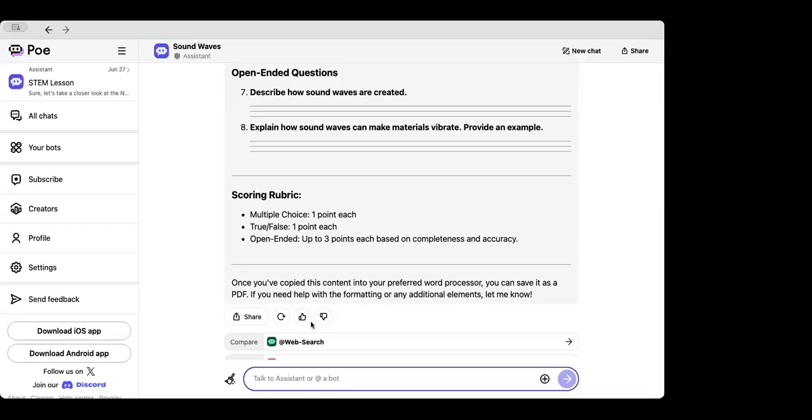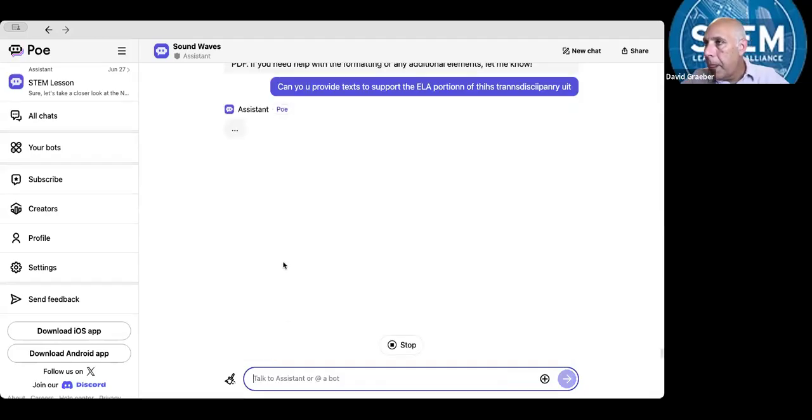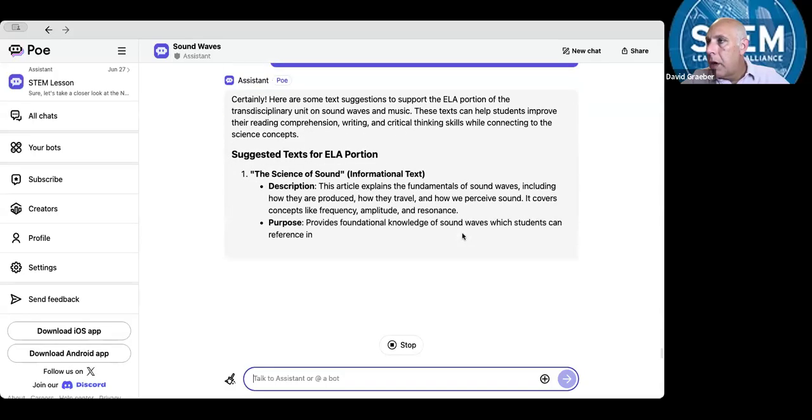Can you provide resources that support the unit, or where your sources came from? That's it, I got it. Right. Can you provide texts to support the ELA portion of this interdisciplinary unit?